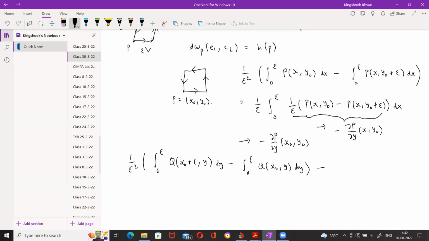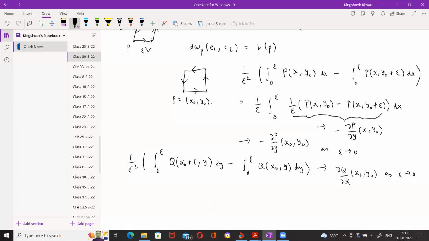And similarly, this will converge as epsilon tends to 0 to del q del x of x naught y naught. Is this clear?